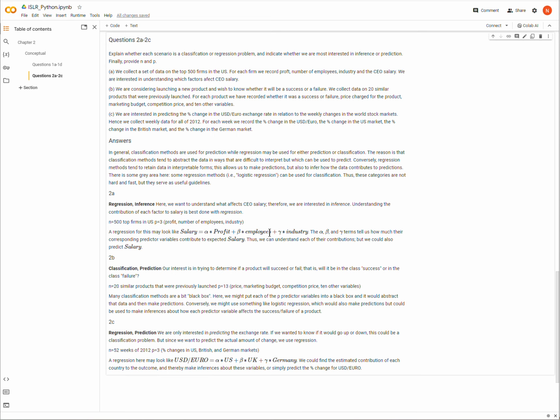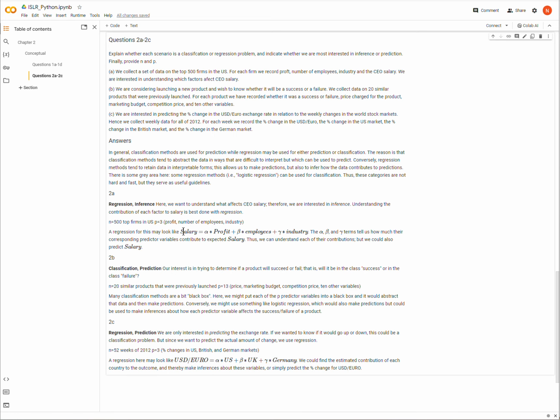The last thing I want to say is that even though I've kind of presented it there as though these are hard and fast rules for regression and classification, there are some gray areas. So for example, there is a type of regression that we get into later called logistic regression that uses regression, but the outcome is to classify the outcome, right?